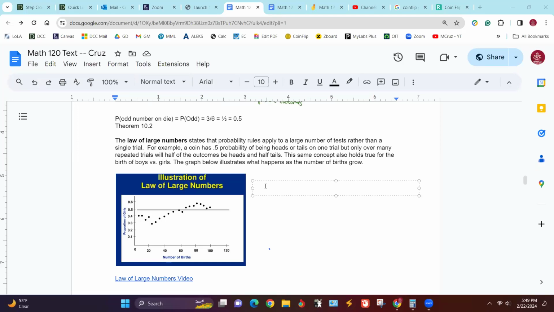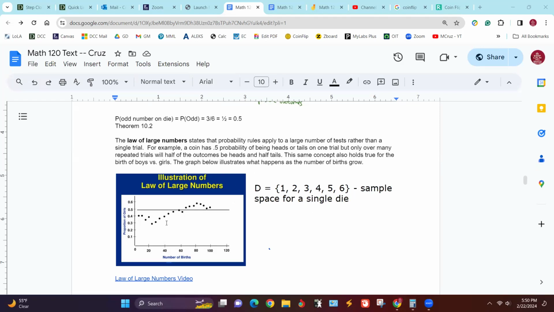All right. So the sample space, and we'll just say D, is 1, 2, 3, 4, 5, and 6. I'll just put here, sample space. Okay.